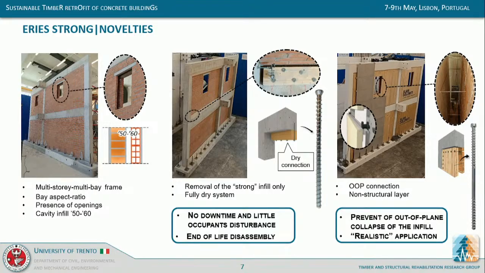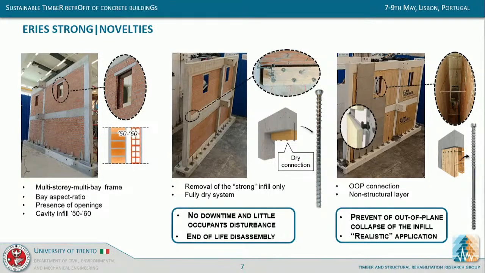Also, we decided to get as close as possible to a more realistic scenario, and so we have two stories, a multi-story, multi-bay frame with geometrical features of the base which are different, so different aspect ratios, and also there's the presence of openings that wasn't tested before.